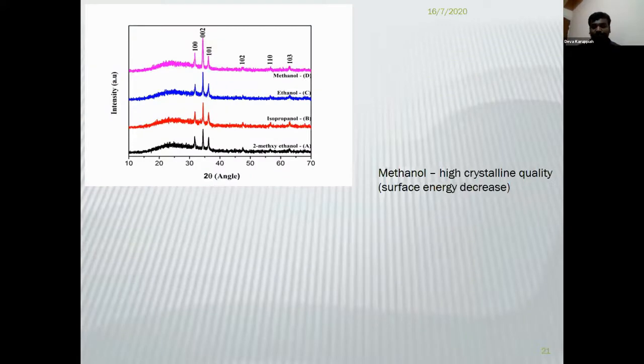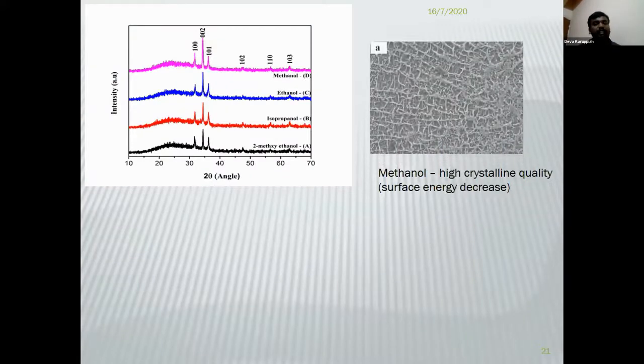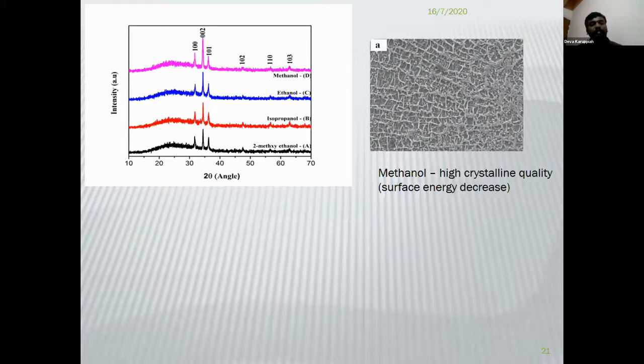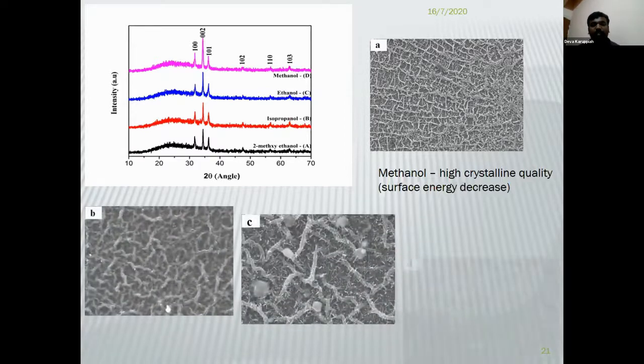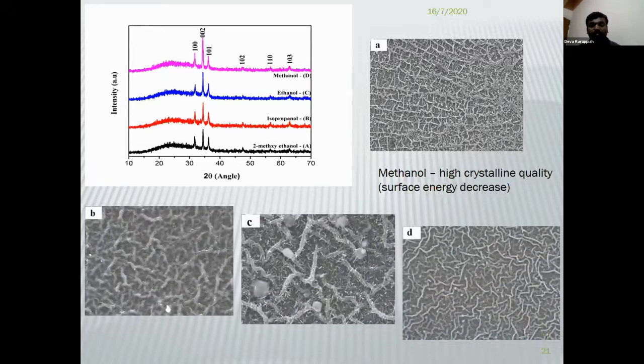So this is the XRD spectrum. Here we observe that the XRD spectrum for the methanol solvent has high crystalline quality with a low beta value. For different solvents we get different kinds of nanostructure, from SEM images, like nanorod structure and needle-like structure.